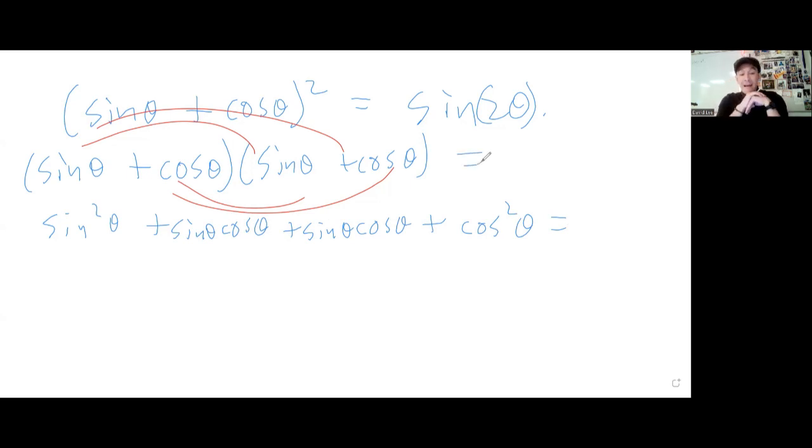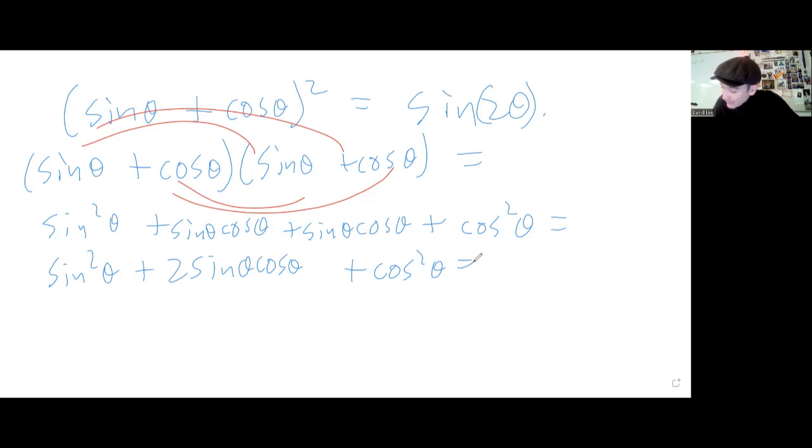So let's see now. How about in the middle, you collect like terms. I have 2 of the same object. So this can go sine squared plus 2 sine theta cosine theta plus cosine squared theta.